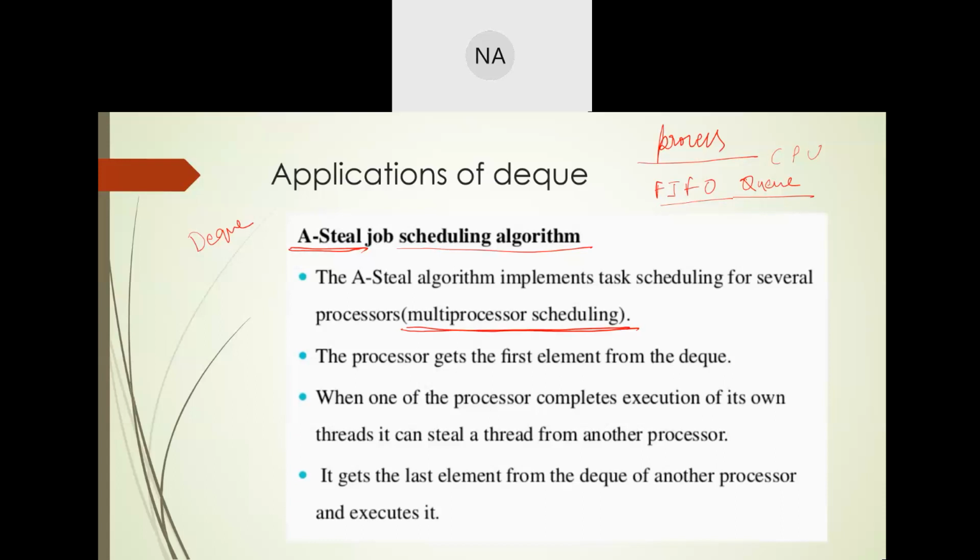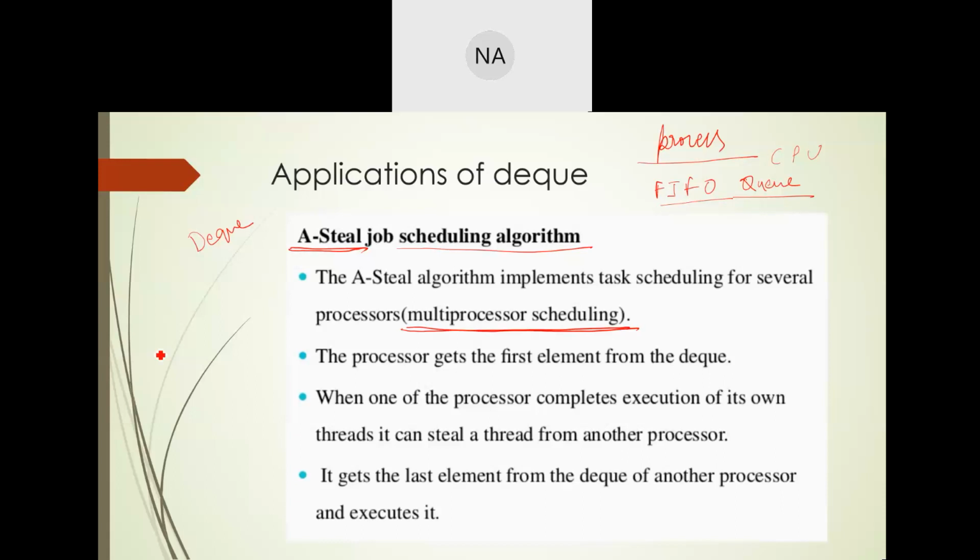So I repeat, when a processor requires some process for execution, the process which is at the front end or at the left end is deleted from the deck and allocated to the CPU. And when a new process is submitted, it is added at the rear end. This is the normal process.